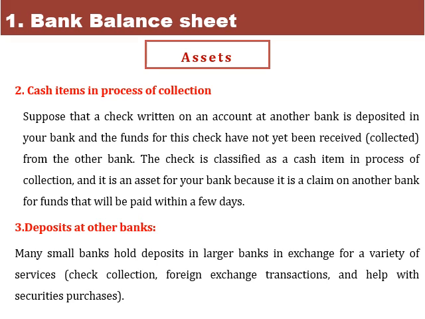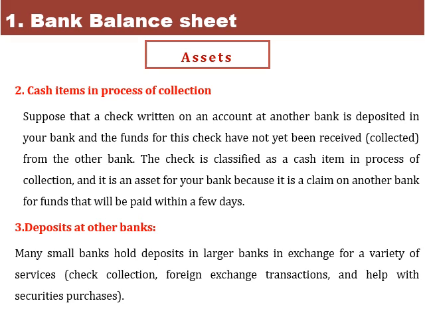In this case, the check is classified as a cash item in the process of collection, and we record it on the asset side for your bank because it's a claim on another bank that will be collected in a few days. Thus, when the bank receives the funds of this check, the cash items in the process of collection will fall by the amount of the check, and the funds will be recorded as reserves, as we will see later in this chapter.